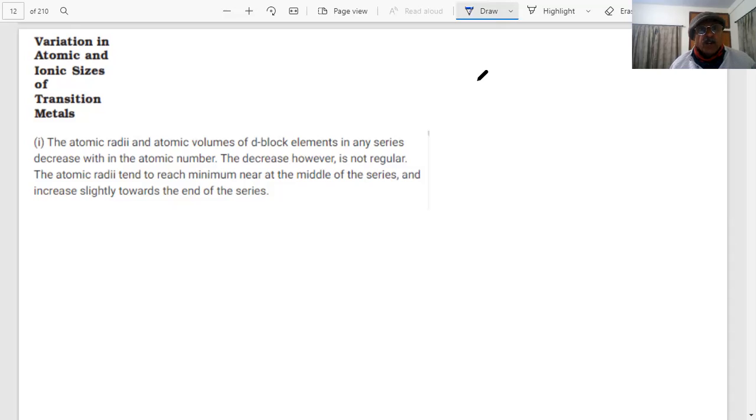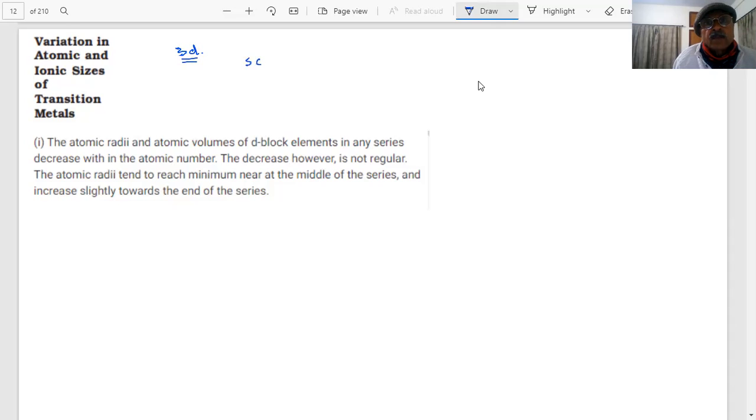We have a table which will give us the variation in the atomic sizes. But otherwise, when you go across a period, what happens to the atomic or ionic sizes? Does it increase or decrease? Here, we have the 3d series.